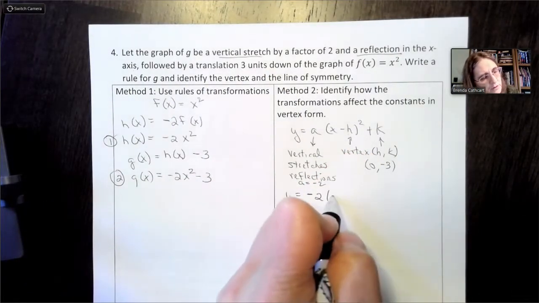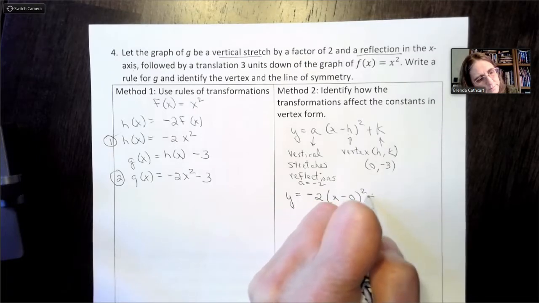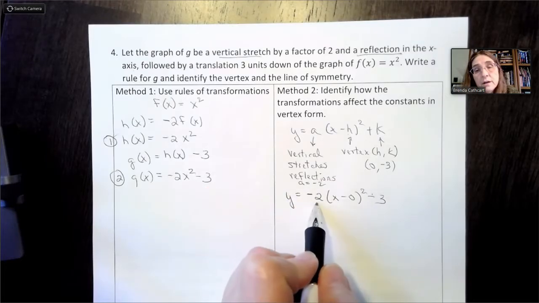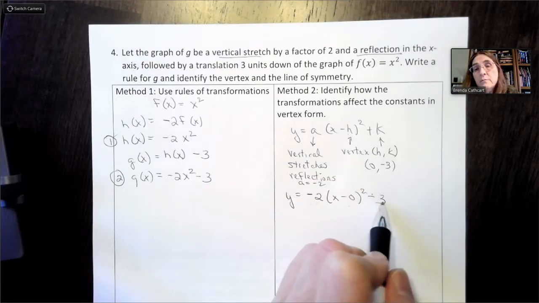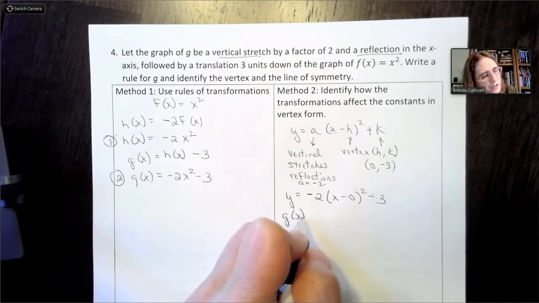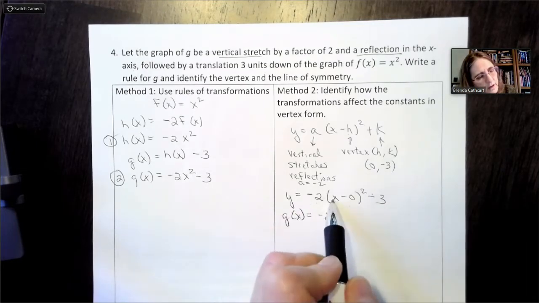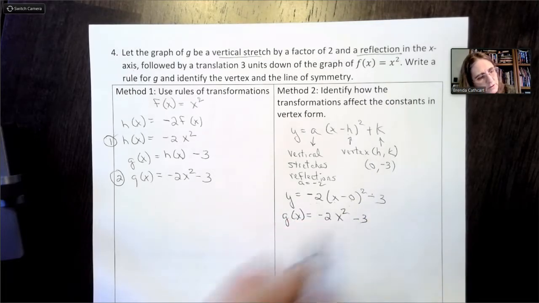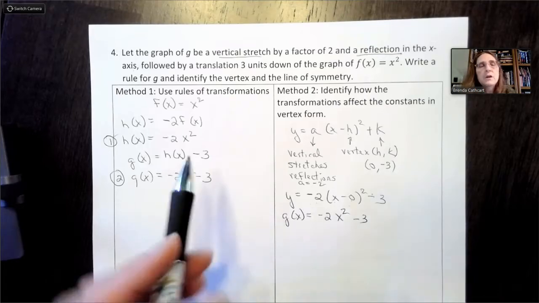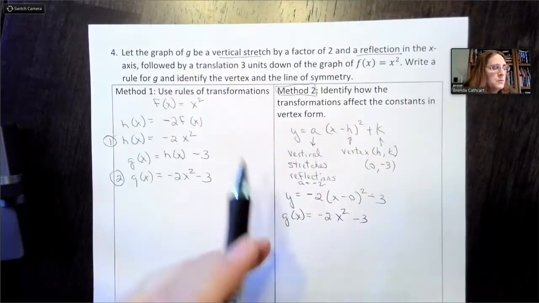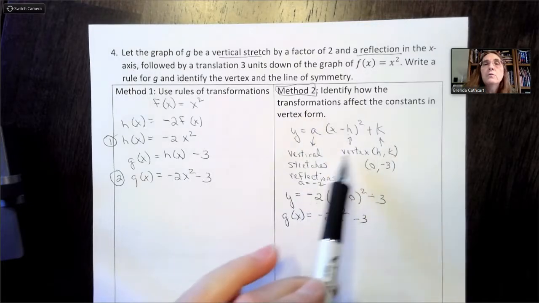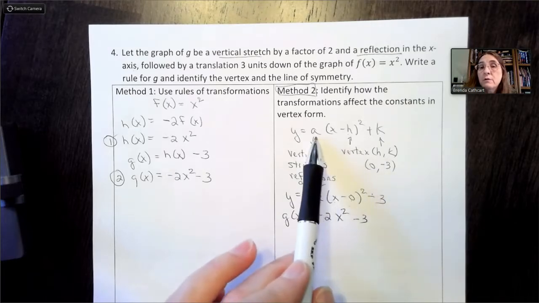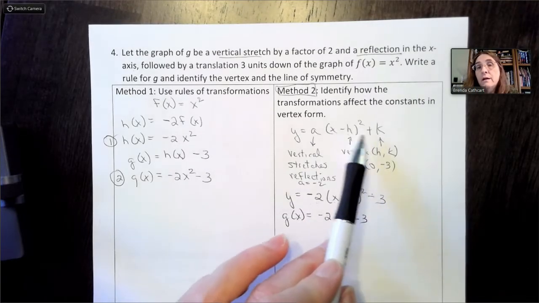So using those in our equation, we have y equals, or g of x equals, -2 times (x minus 0) squared minus 3. So our new function g of x is -2 times x, since x minus 0 is just x, squared, which becomes x squared minus 3. We get the same values. With method 2, it's important that we identify what order the transformations are going in so that we make sure that we've got the right values for a, h, and k.